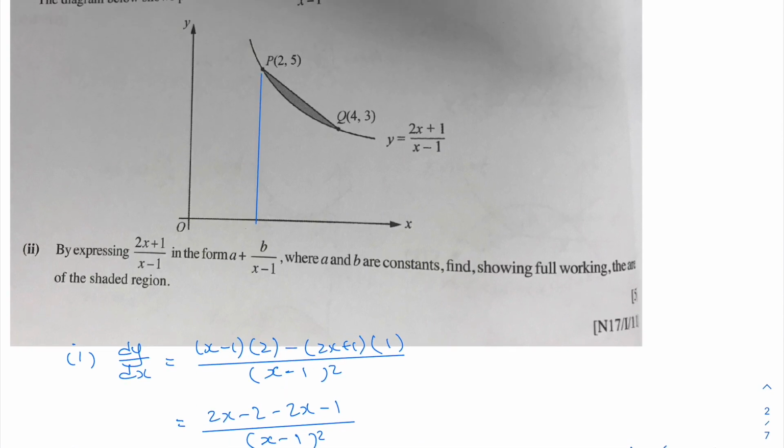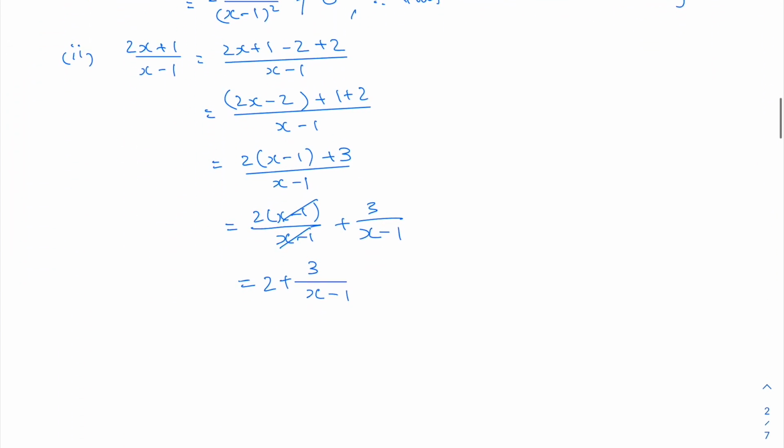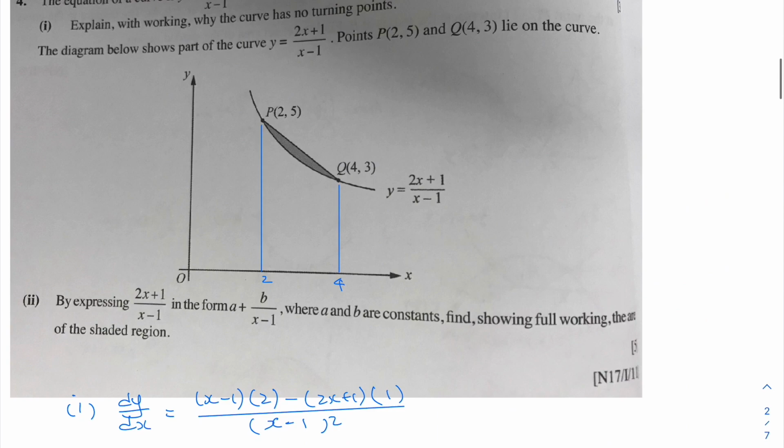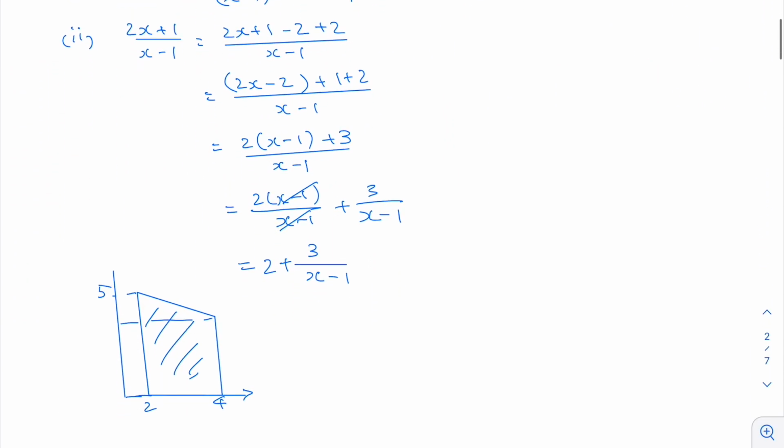So the shaded area is defined by these two limits, and the x values are 2 and 4. So I can actually use the big area, which is a trapezium, 2 to 4 on the x-axis, with y values of 5 and 3 on the y-axis.